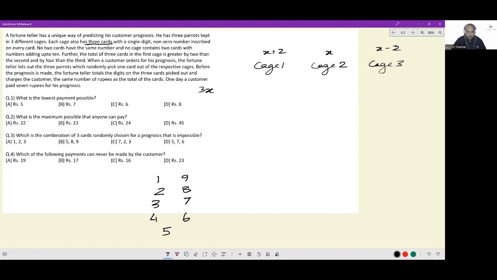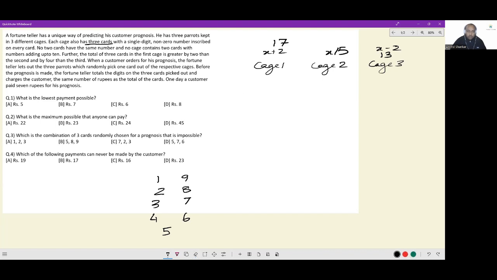And this will be equivalent to the sum of the 9 single digit numbers. The sum of the first 9 natural numbers is given by 9 into 10 by 2, so 3x equals 45, and x will be equal to 15. So cage 2 has a sum of cards as 15, cage 1 has a sum of 17, and cage 3 has a sum of 13. This much is known to us so far.